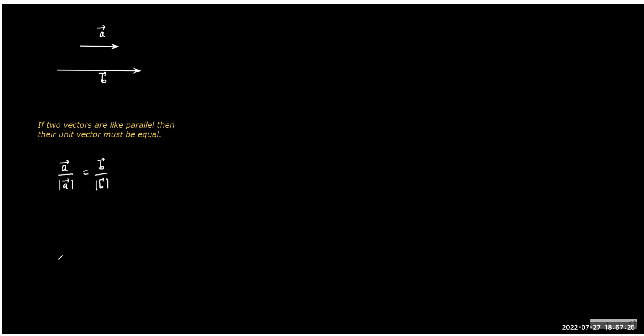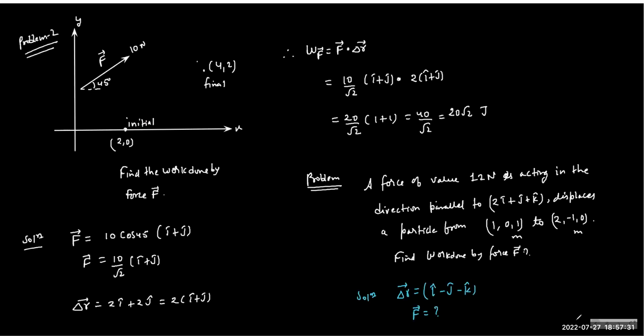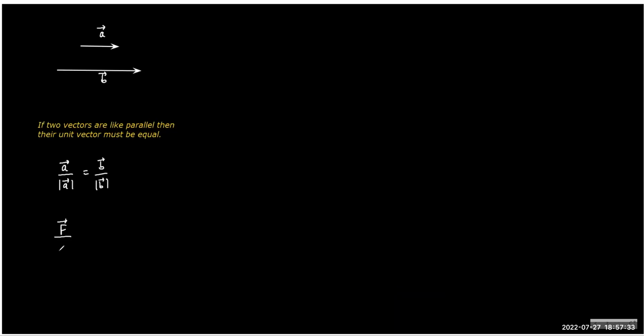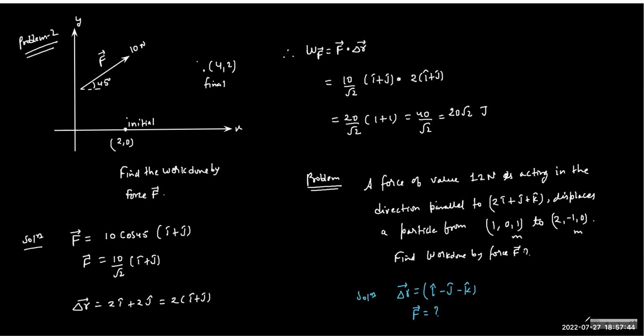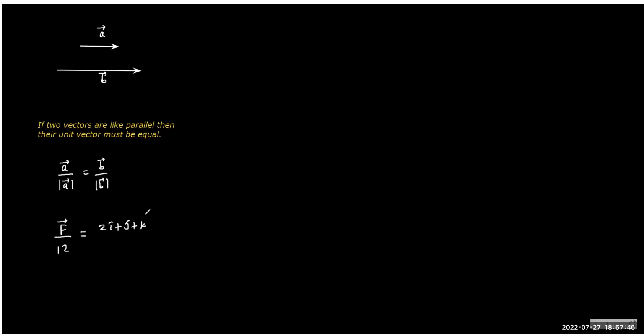Tell me, guys. So can we write F vector upon its modulus, which is given to us as 12? So can we write F upon 12? The force vector upon its modulus must be equal to the unknown vector upon its modulus, because these two are given parallel to each other. Yes or no?